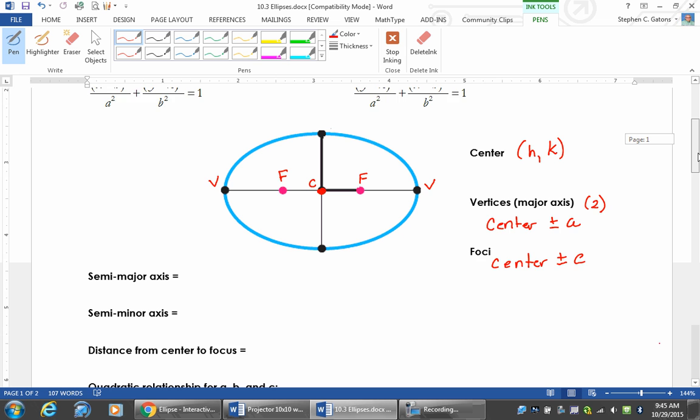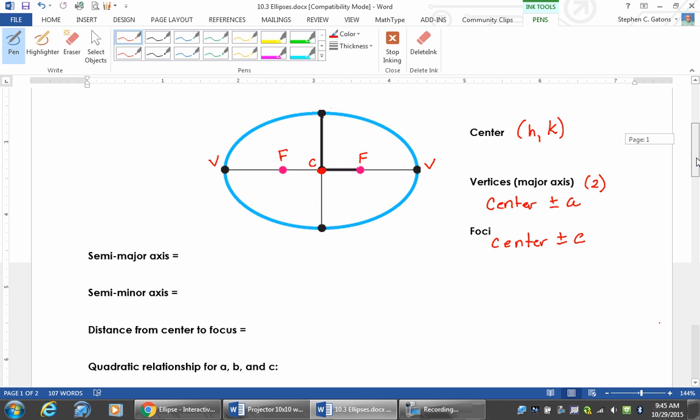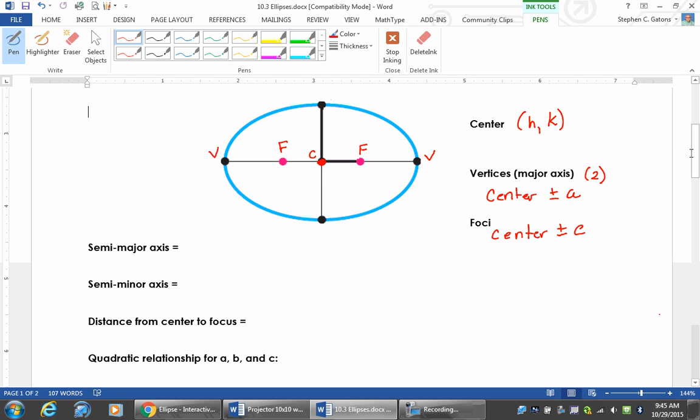So moving on down here, just to label the diagram, the semi-major axis is from the center to either vertex. For an ellipse, that's going to be the value of a to either vertex, and you can do it to either side.